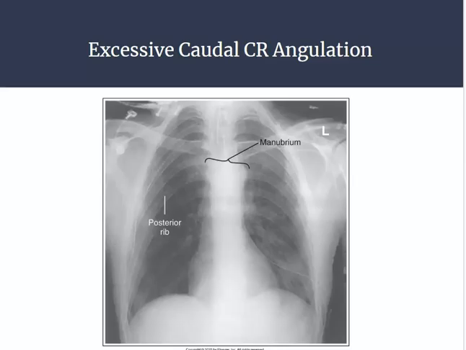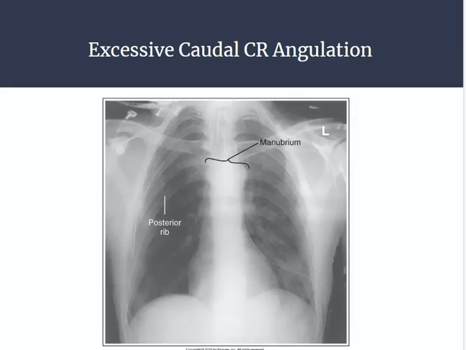Let's talk about the importance of central ray angulation. Central ray angulation really is important when doing supine or mobile procedures. The central ray must be adjusted so that it is aligned perpendicular with the IR into the mid-coronal plane. Inaccurate cephalic or caudal angulation of the central ray, when misaligned with the anatomy, distorts the lung and heart structures.